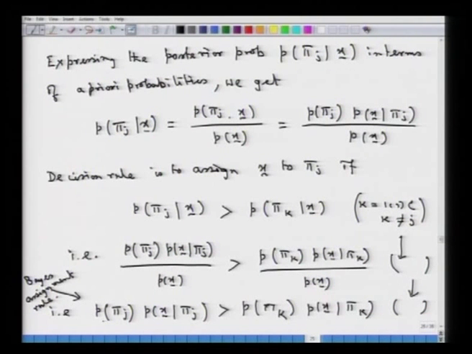For the general case, we assign x to π_j if we have P(π_j), the prior probability, multiplied by the density of x under π_j.